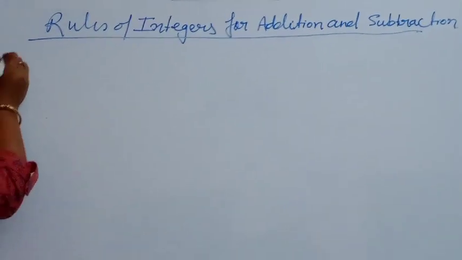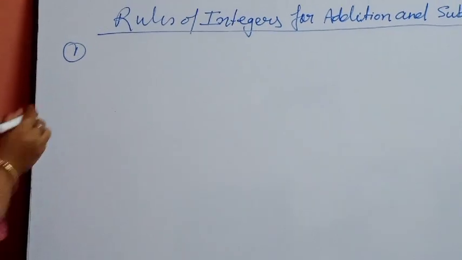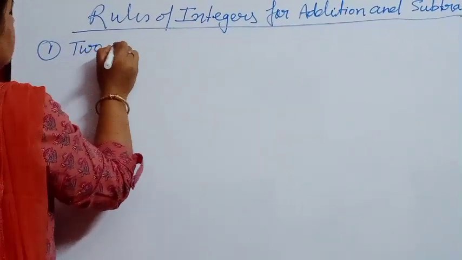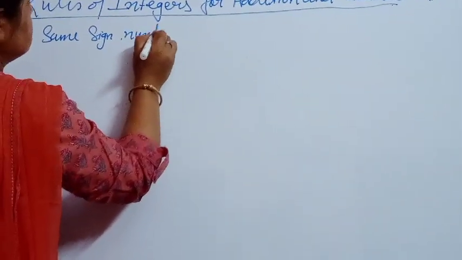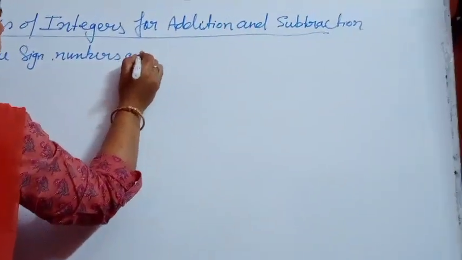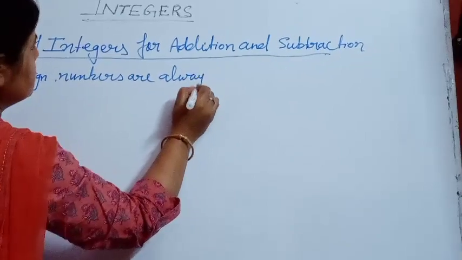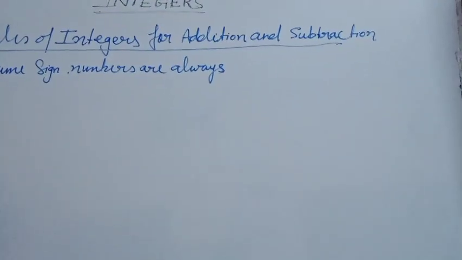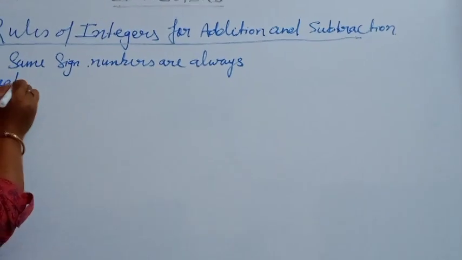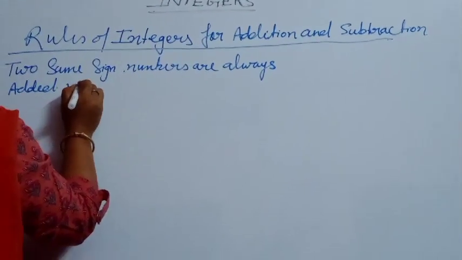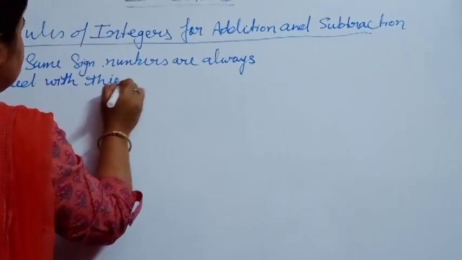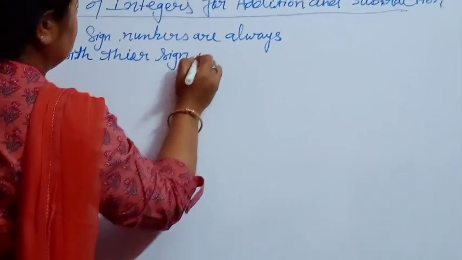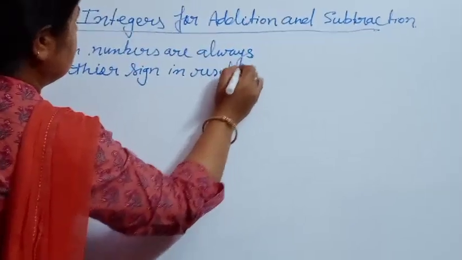See that when two same sign numbers are always added with their sign in resultant value.